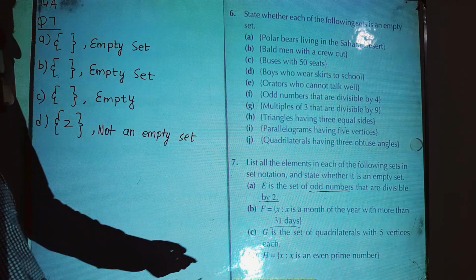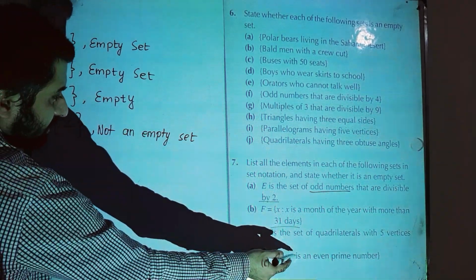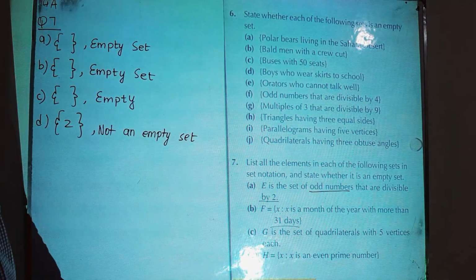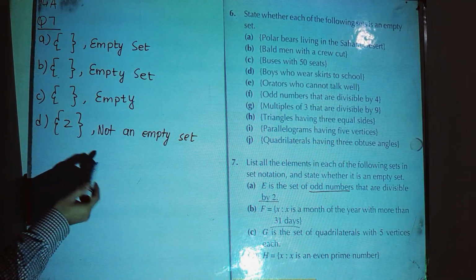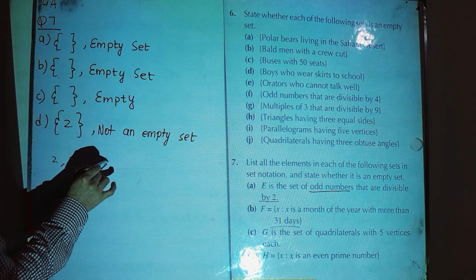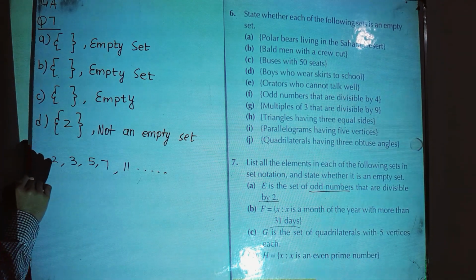Part D: H is a set of even prime numbers. So write down the prime numbers: 2, 3, 5, 7, 11 and so on.